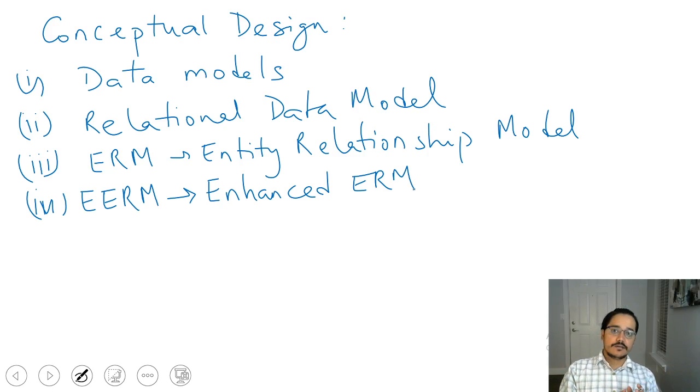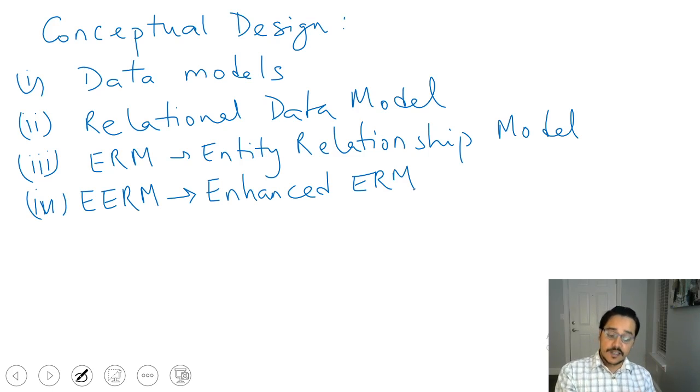Okay, so what is enhanced? In a nutshell, enhanced means we are trying to introduce the concepts of object-oriented programming to the design constructs of the entity relationship model. Okay, so I hope you all recall the different properties of object-oriented programming. You had abstraction, encapsulation, inheritance, polymorphism, and so on. So what we are trying to do is, in designing a database, we are trying to incorporate and implement within the conceptual design the properties of abstraction and inheritance in order to further improve our designs.